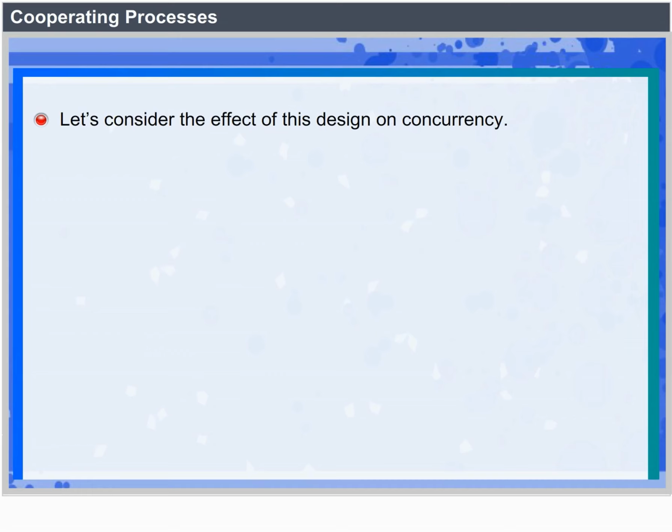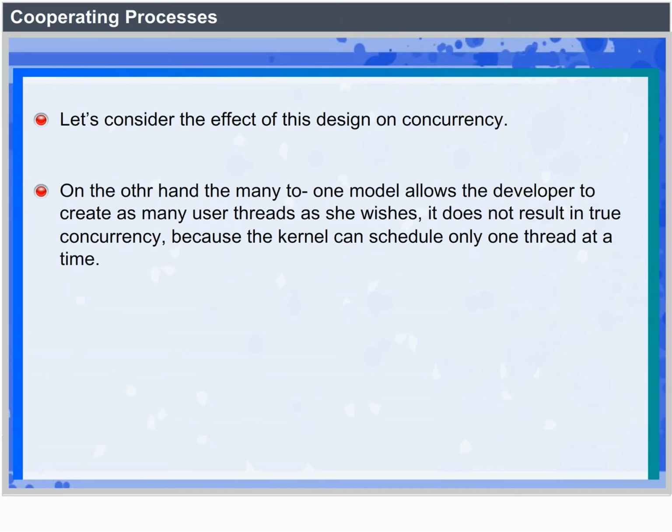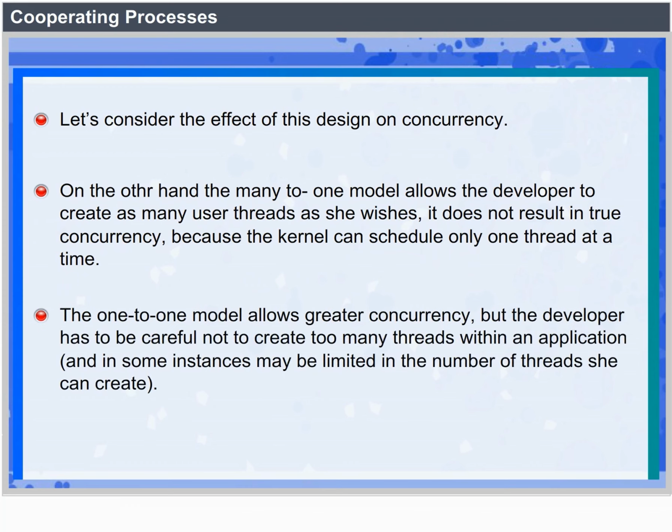Whereas the many-to-one model allows the developer to create as many user threads as she wishes, it does not result in true concurrency because the kernel can schedule only one thread at a time. The one-to-one model allows greater concurrency, but the developer has to be careful not to create too many threads within an application, and in some instances may be limited in the number of threads she can create.